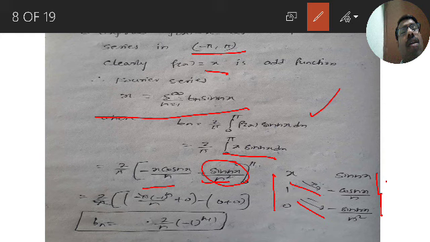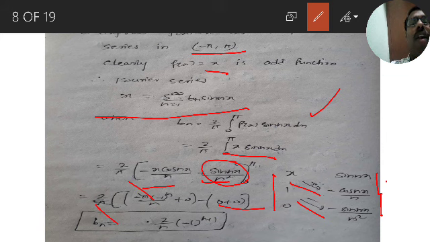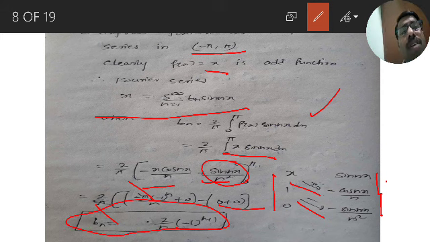Now the lower limit is 0 into something, which is 0, so no need to take it, and pi cancels here. So the answer is minus 2 by n into minus 1 whole power of n. Minus into minus 1 whole power of n is minus 1 whole power of n plus 1. So this is the answer for bn. bn is equal to 2 by n into minus 1 whole power of n plus 1.